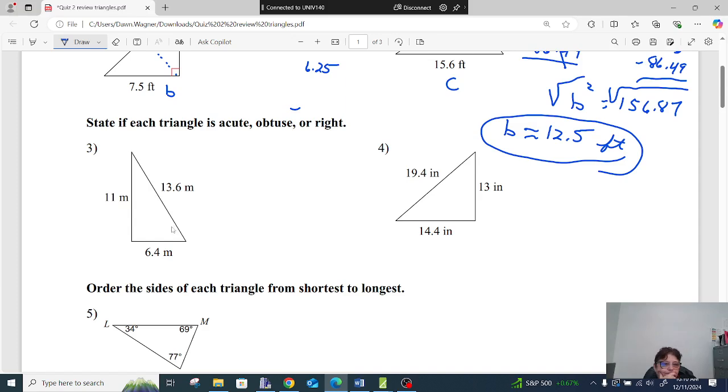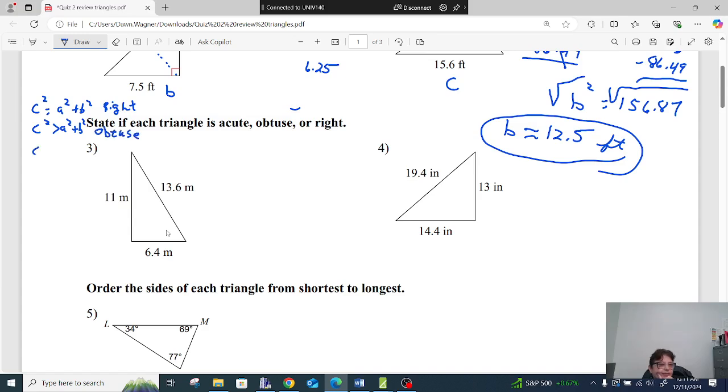When C squared equals A squared plus B squared, it is a right triangle. If C squared is greater than A squared plus B squared, it's obtuse.